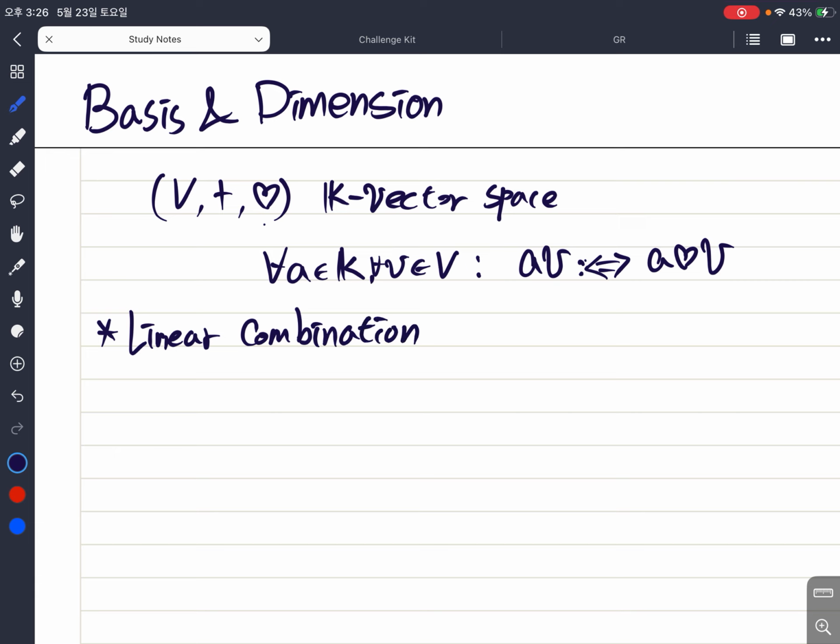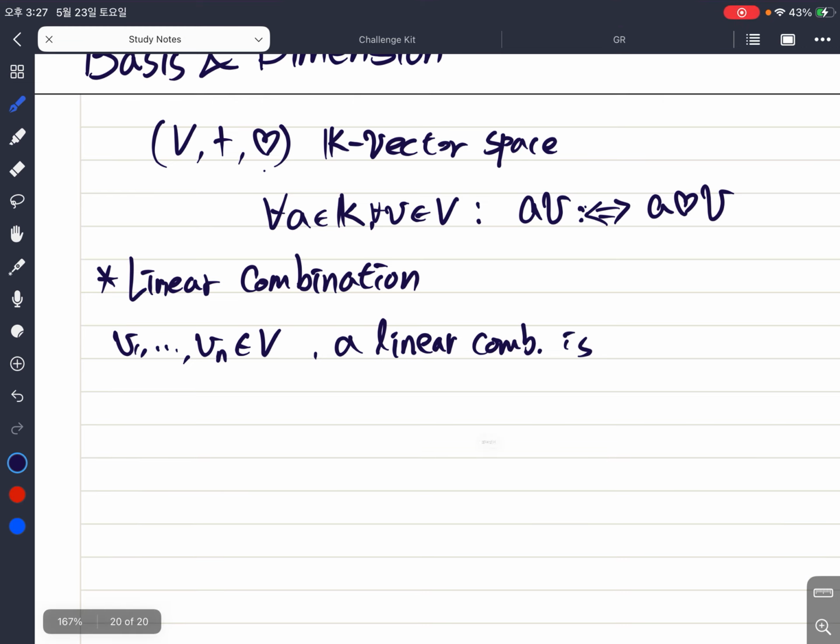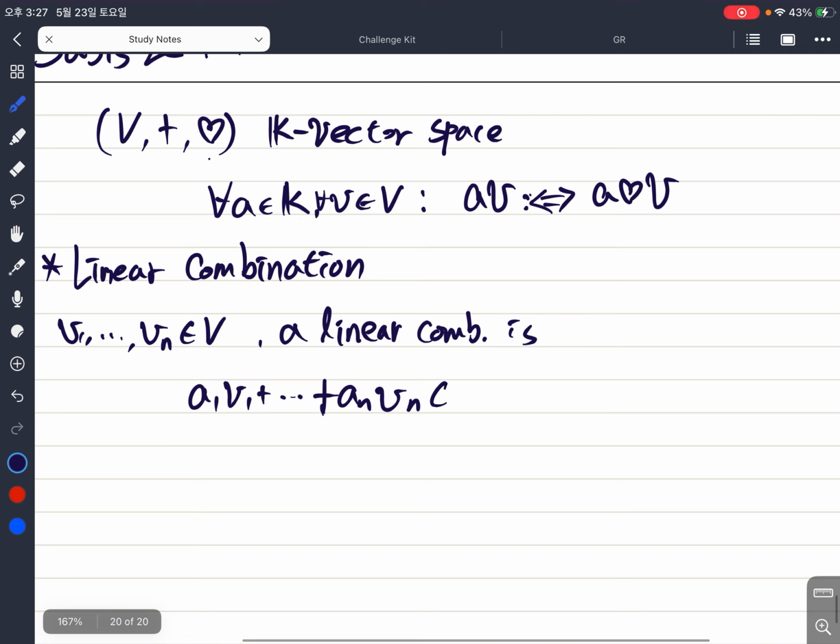Linear combination is nothing but this: you have some list of vectors, many vectors in V. Then a linear combination is just a1 v1 plus ... an vn, in V. So this is our summation. a1 to an are just numbers.